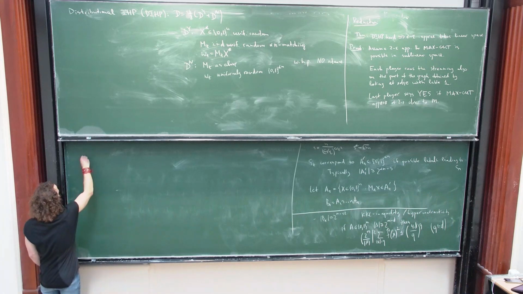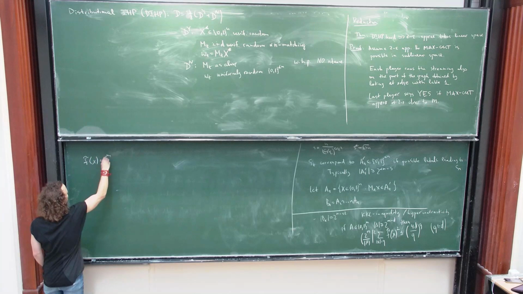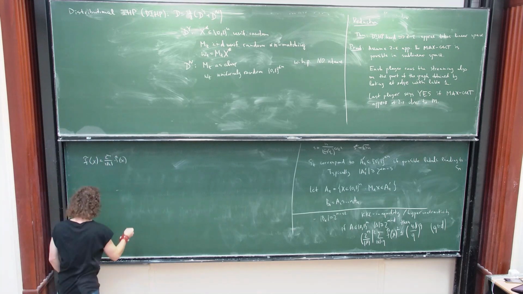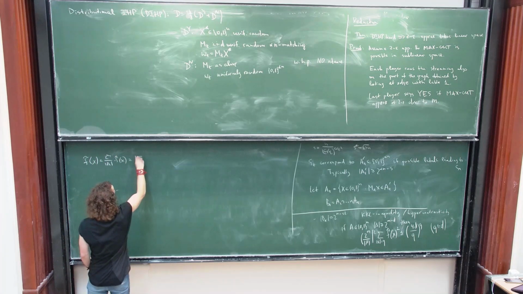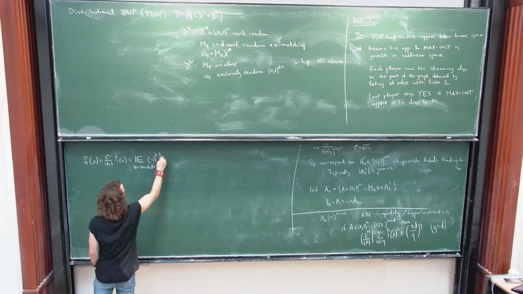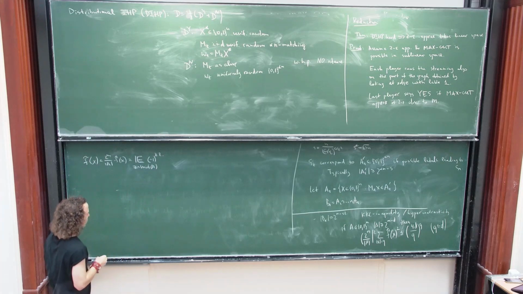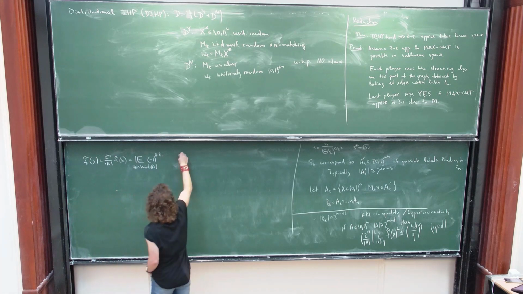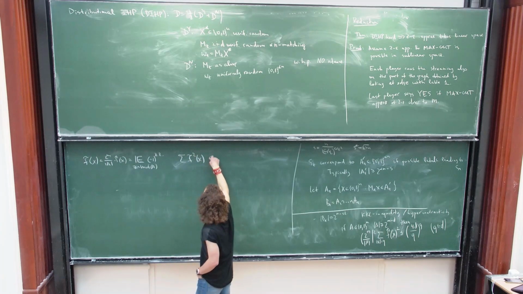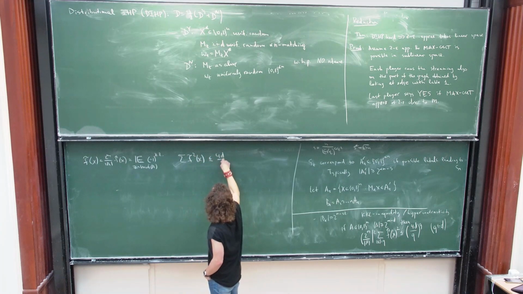So if you write the normalized Fourier coefficient as this, which is going to be the expectation over z uniform in A of the character of z, then this inequality says the sum of the squares of normalized Fourier coefficients is at most this.